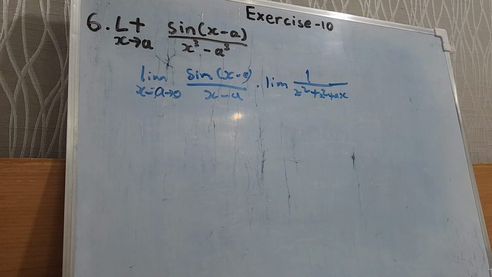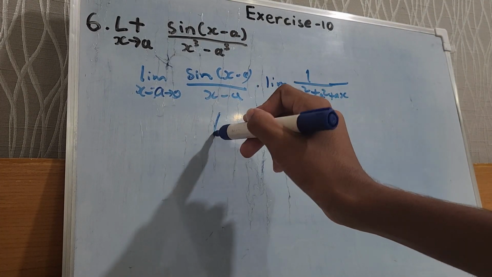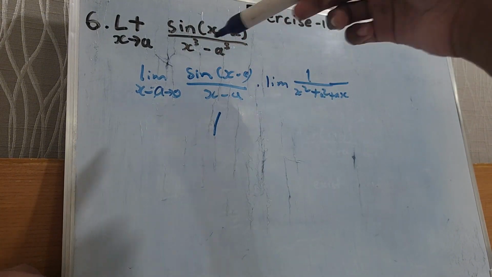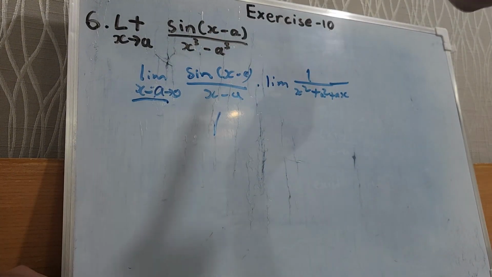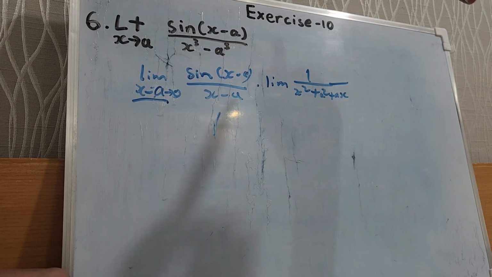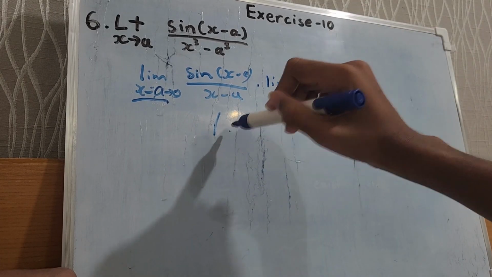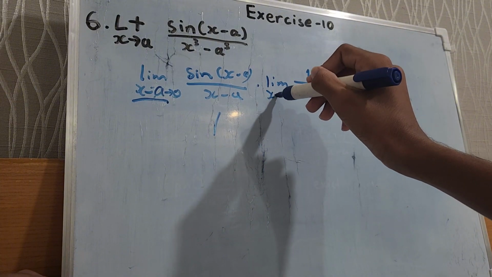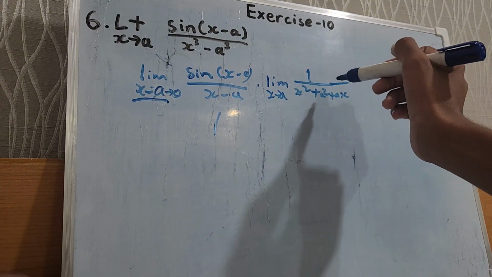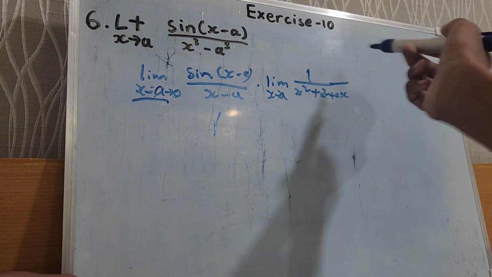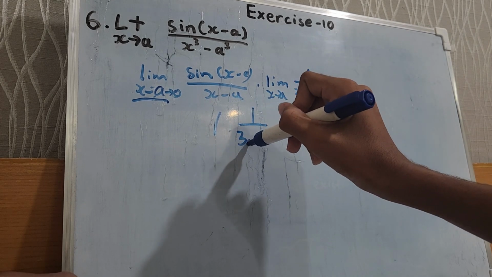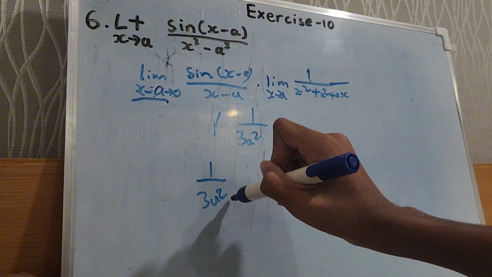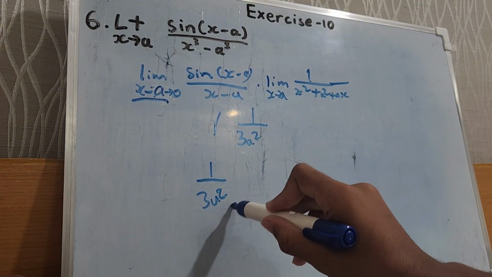The first part becomes 1 as per the formula, like I told in the last 2 problems. For the second part, with x tends to a, we get 1 by a square plus a square plus a square, which is 1 by 3a square. That's the answer to this question.